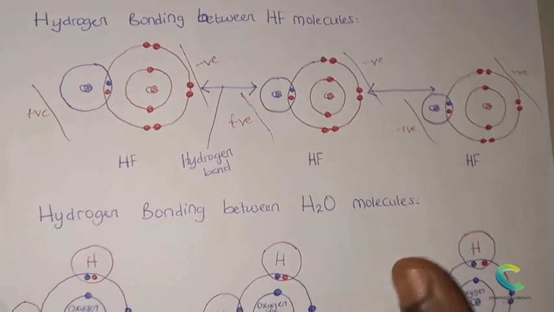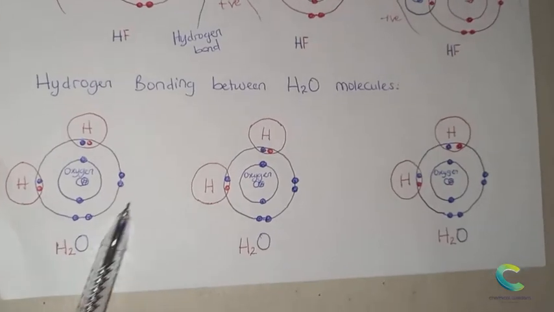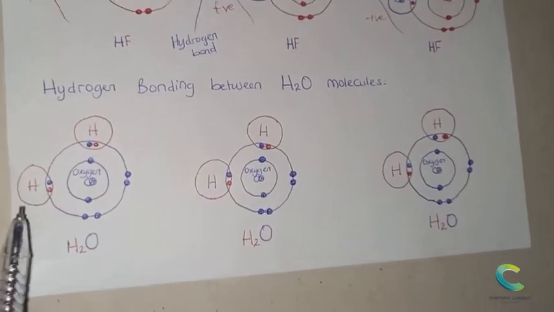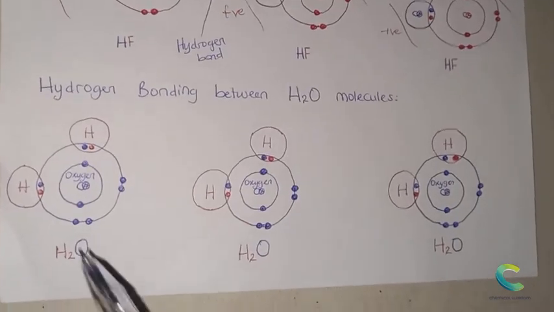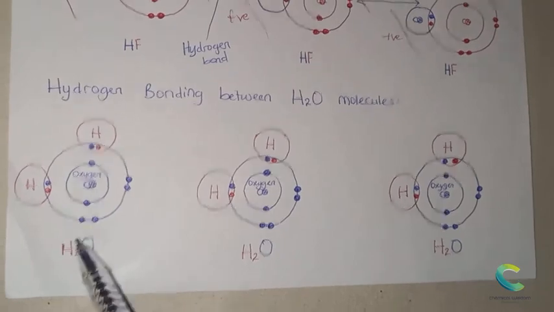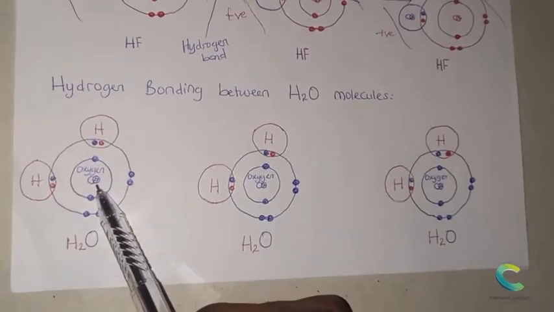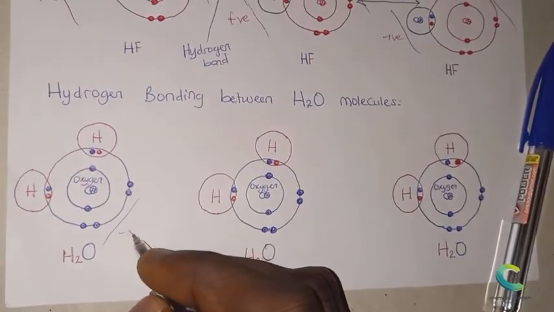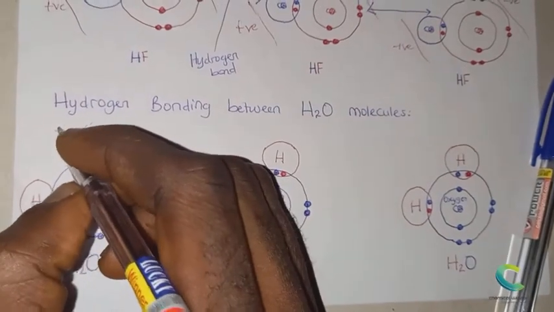Let's look at hydrogen bond in water. This is the structure of oxygen and the two hydrogen atoms in water. So in this case now, just like the hydrogen fluoride, oxygen is highly electronegative. So it pulls this shared pair of electrons towards its nucleus and becomes slightly negative, making the hydrogen atoms become slightly positive.